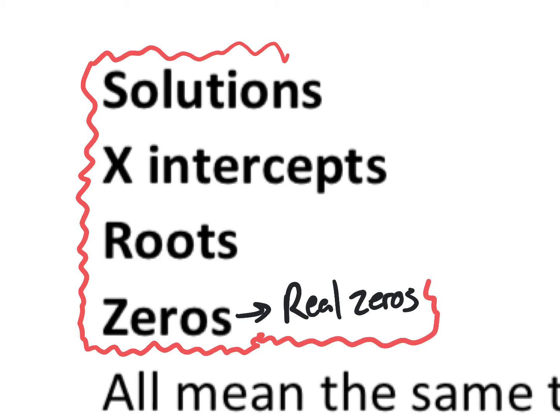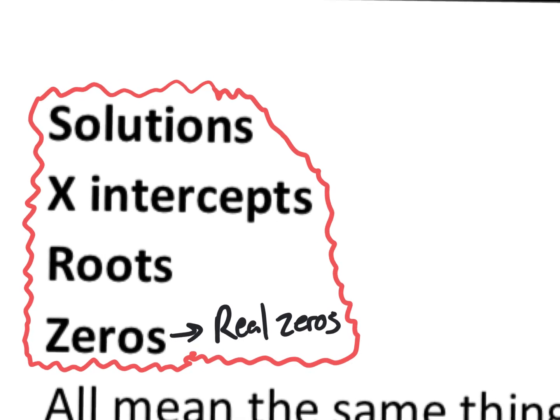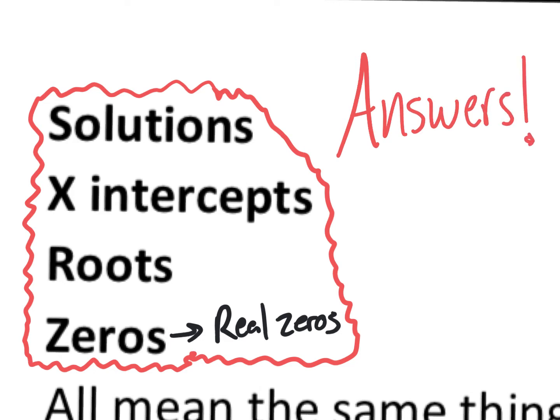I want you to write a list of all these phrases, words, and we need to recognize that they all mean the same thing. What are these guys? These are all answers. So jot that down. Solutions, x-intercepts, and notice it's not y-intercepts, it's just the x-intercepts.